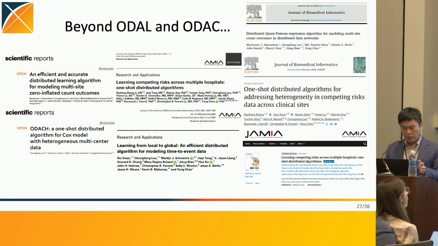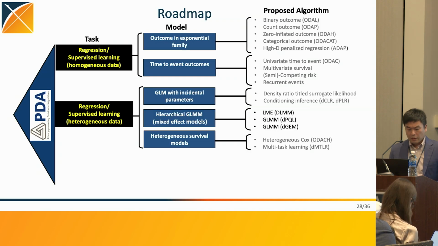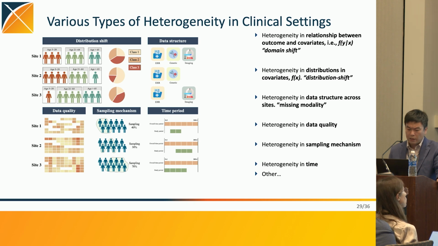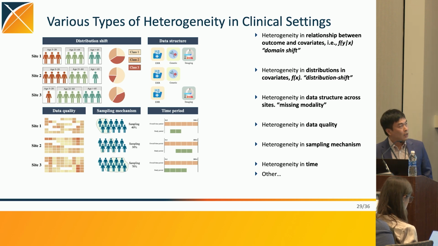We actually extended this beyond OHDSI and OHDAC, and we started a competing risk model and so on. The other thing I want to encourage people to think about is heterogeneity, because if you collaborate with people, people tend to think about heterogeneity in a very generic term, but you need to push your collaborator, or push yourself, to think about what the heterogeneity is. There is heterogeneity in the relationship between outcome and the covariates, and also the distribution can be different.